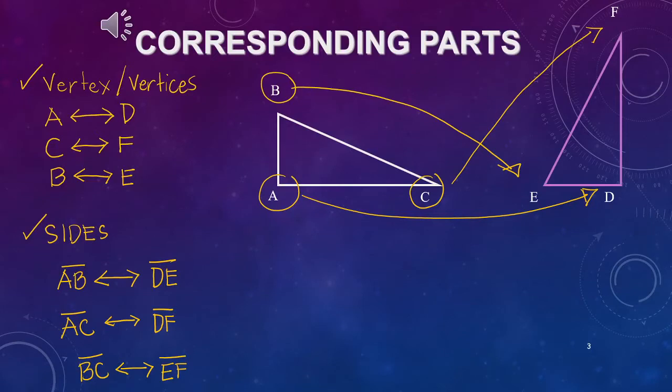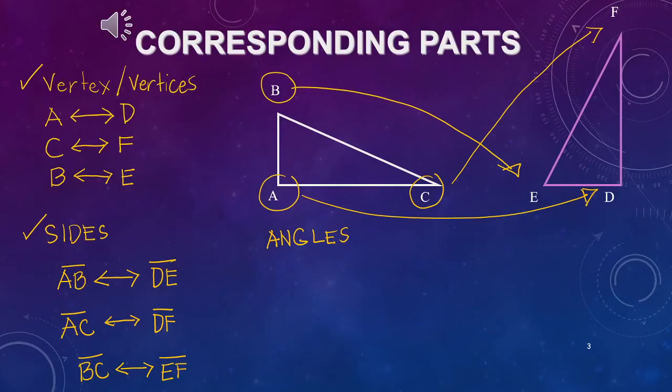Okay, this time we are done with the sides. This time, let's name the corresponding angles. Okay? Now, in this case, I'll be naming an angle using one letter. But later on, I will give you an example also on how to name an angle using 3 letters.